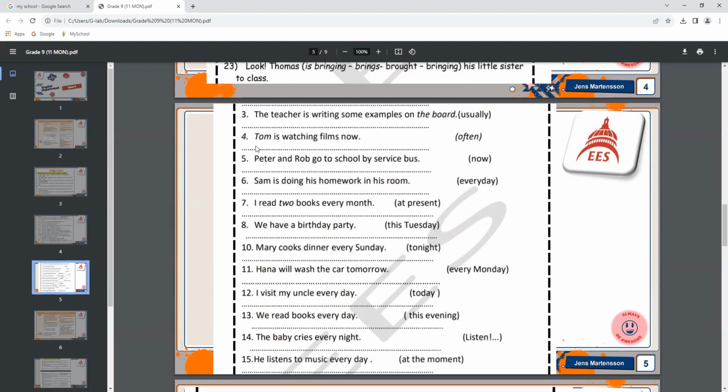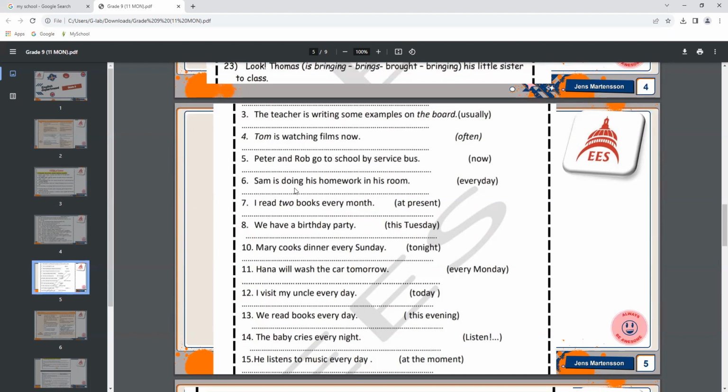Let's take a look at number 4. Tom is watching films now. It's in the present continuous and we need to use often, and often is in the present simple. So I will cancel the ing, so I will cancel the present continuous and I will say Tom often watches films now.